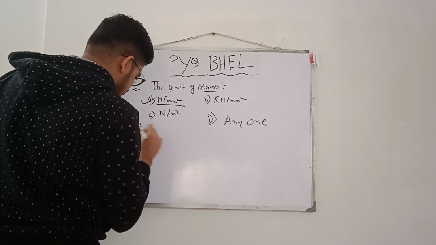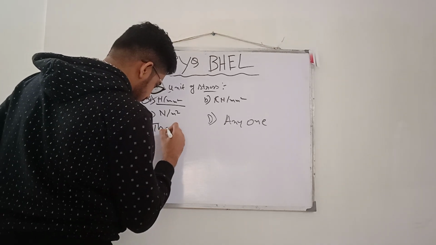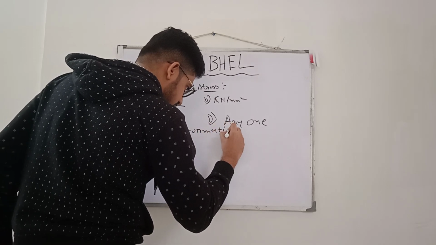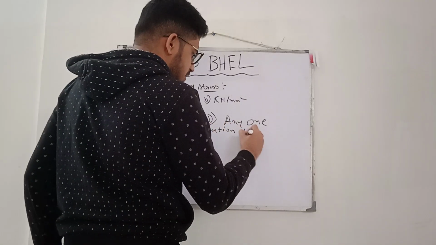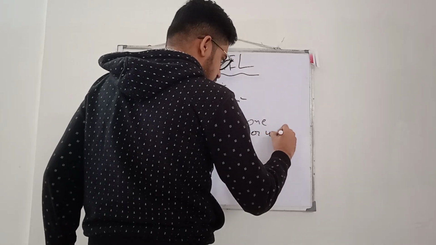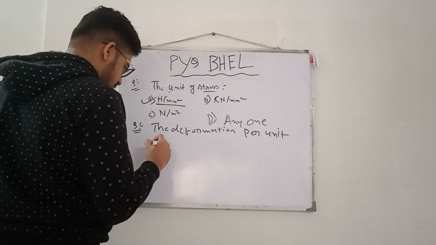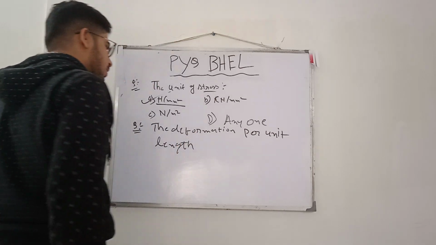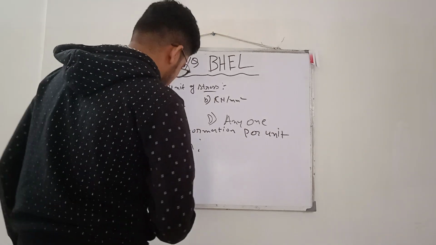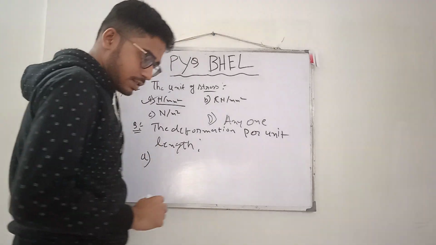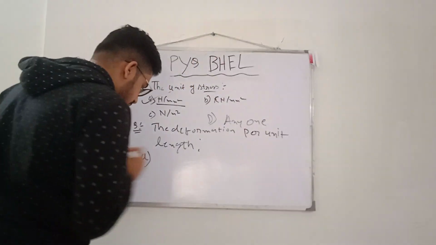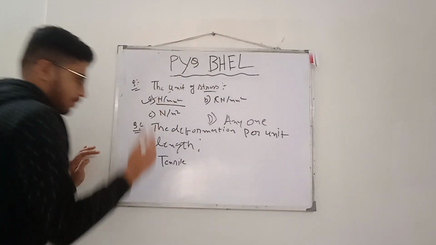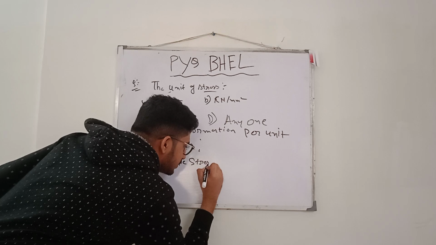Which is the deformation per unit length? First option A, tensile stress.